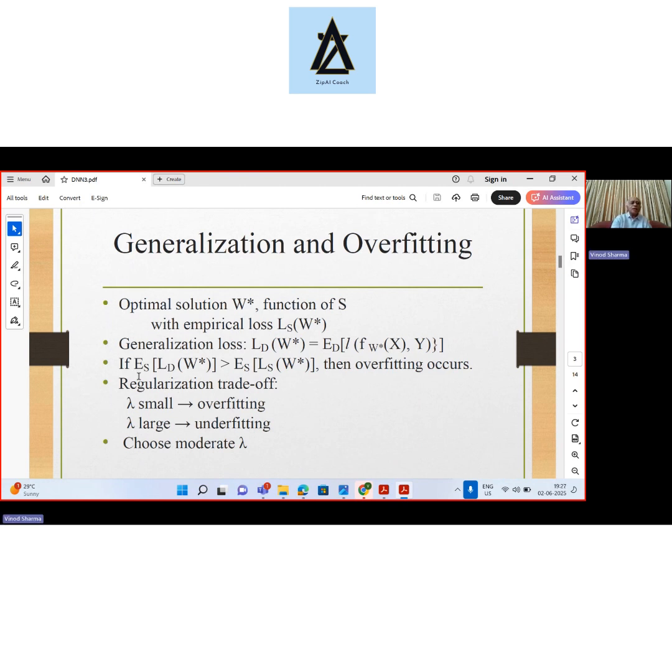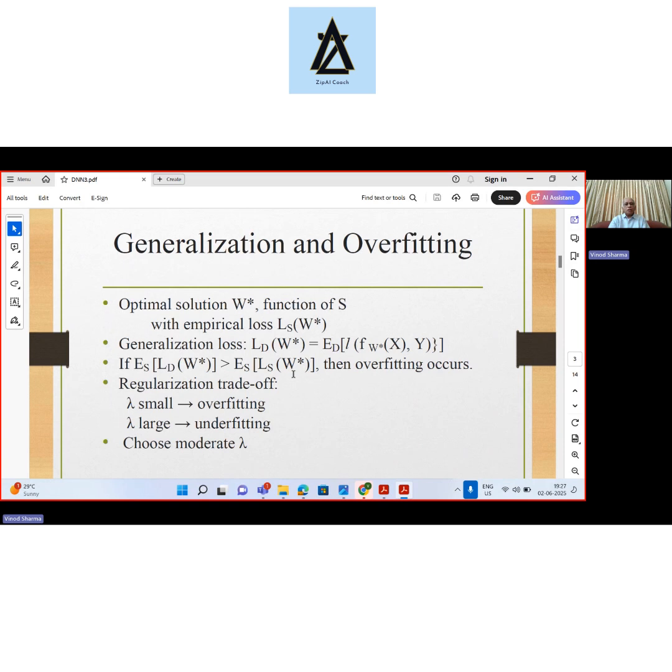If the expected value E_S of the generalization loss at W star is greater than the expected value of the empirical loss at W star, then we call it an overfitting problem.